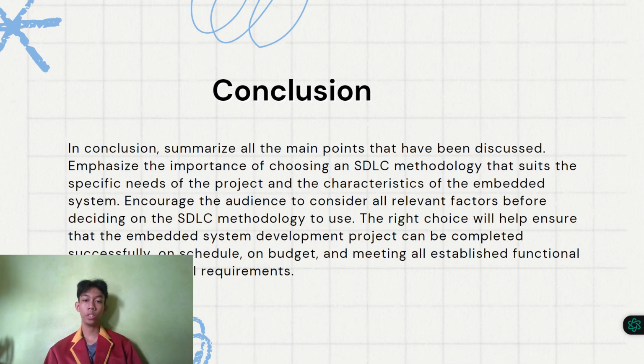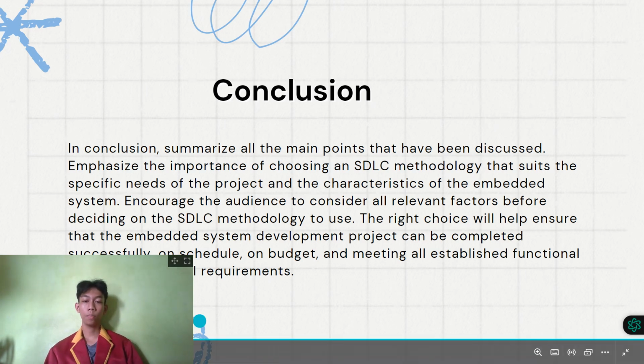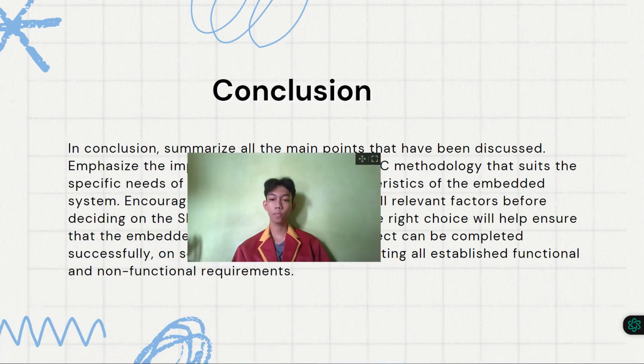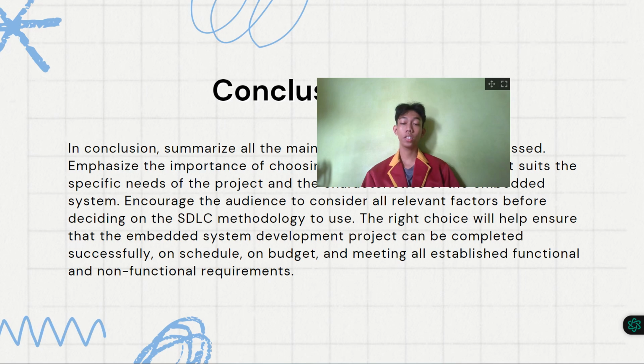Encourage the audience to consider all relevant factors before deciding on the SDLC methodology to use. The right choice will help ensure that the embedded system development project can be completed successfully on schedule, on budget, and meeting all established functional and non-functional requirements.